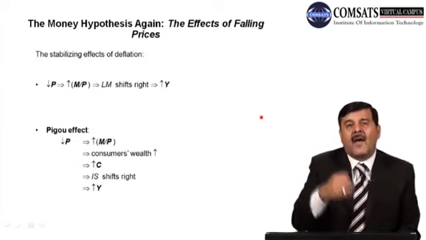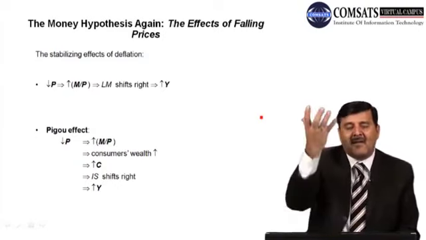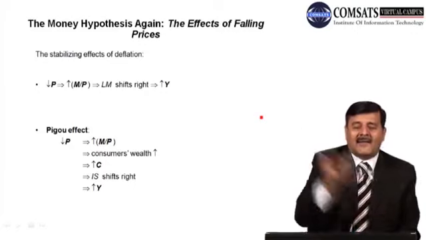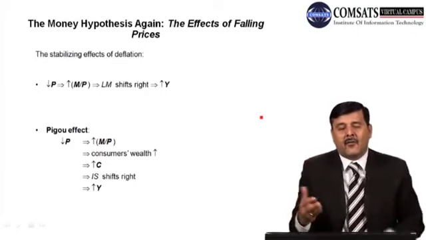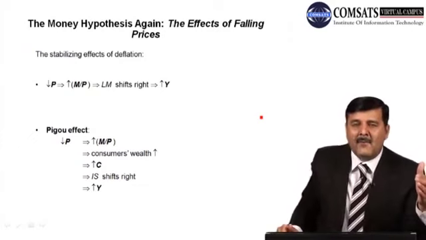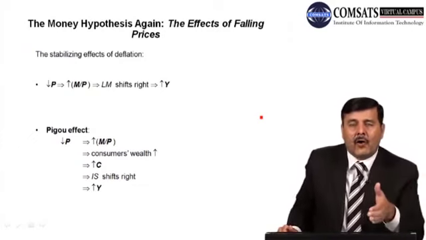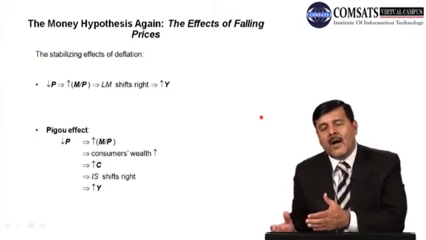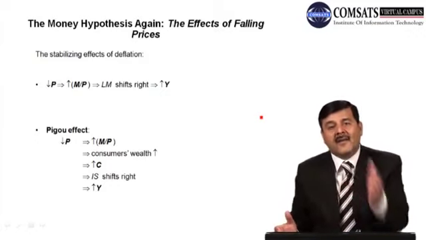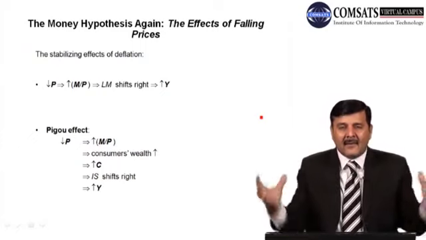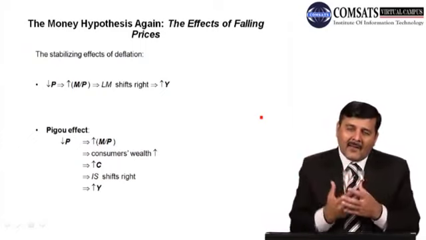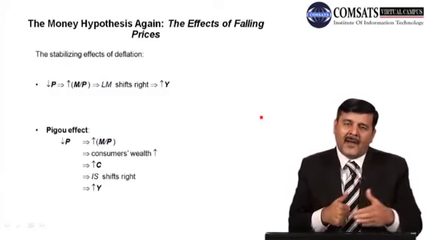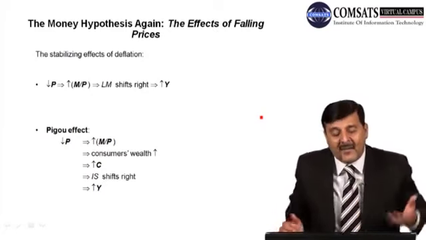The fall in prices increased M over P, consumers' wealth increased, consumption increased, and with that the IS curve shifted to the right and income increased. So from this LM shock we come to the Pigou effect: not only did the LM curve shift rightward, the IS curve also shifted rightward, and income increased. So this was the stabilization of the US economy after the Great Depression due to the fall in prices, which was because of the fall in money supply.